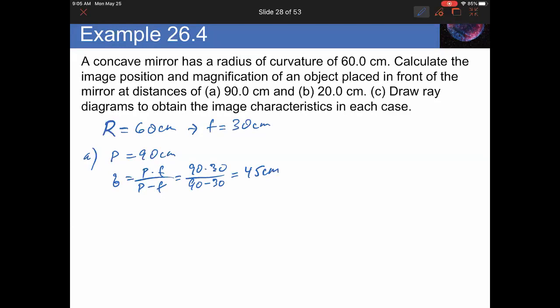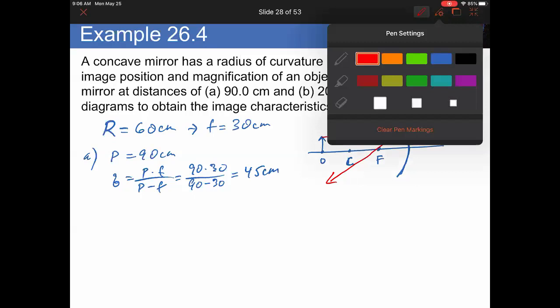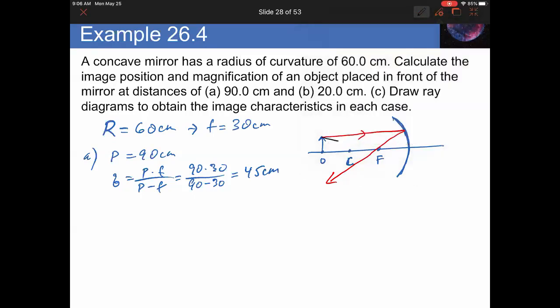Okay. And if I want to do the diagram, we can do a rough diagram. So here's my mirror. This is the focal point, and this is point C. My object is somewhere over there. Using those three rays, I can demonstrate the position. Remember, ray 1 goes parallel and then through the focal point. Ray 2 goes through the focal point, then parallel.